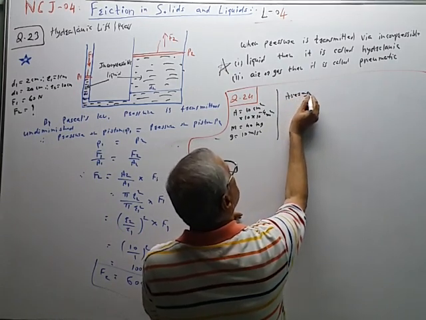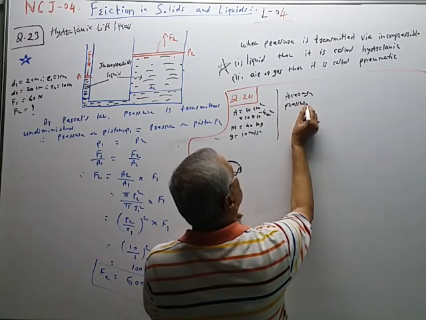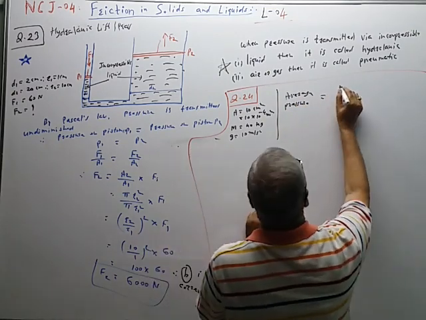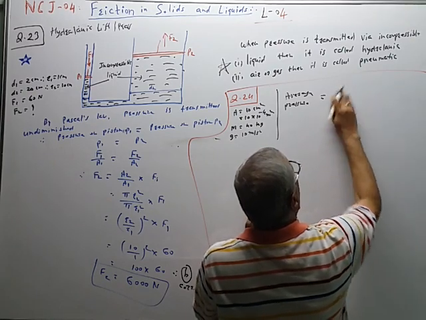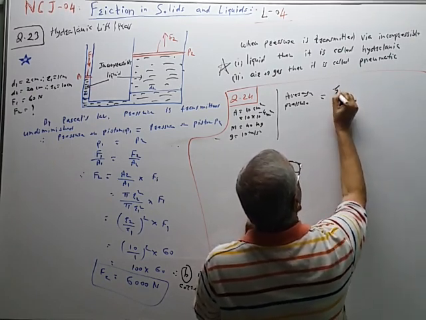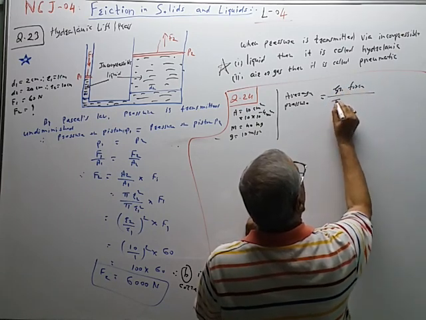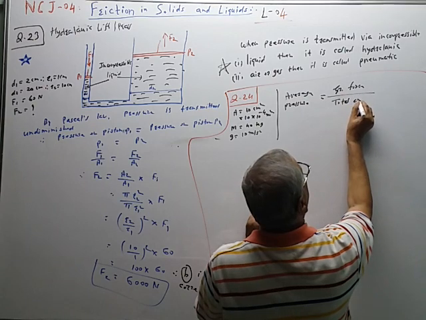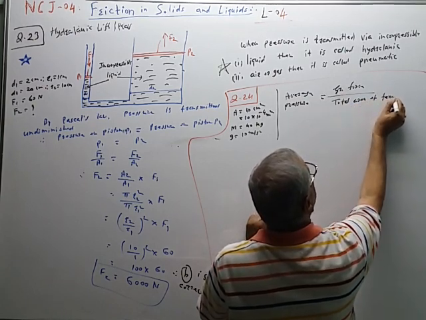So average pressure is equal to gravitational force upon total area of the femurs.